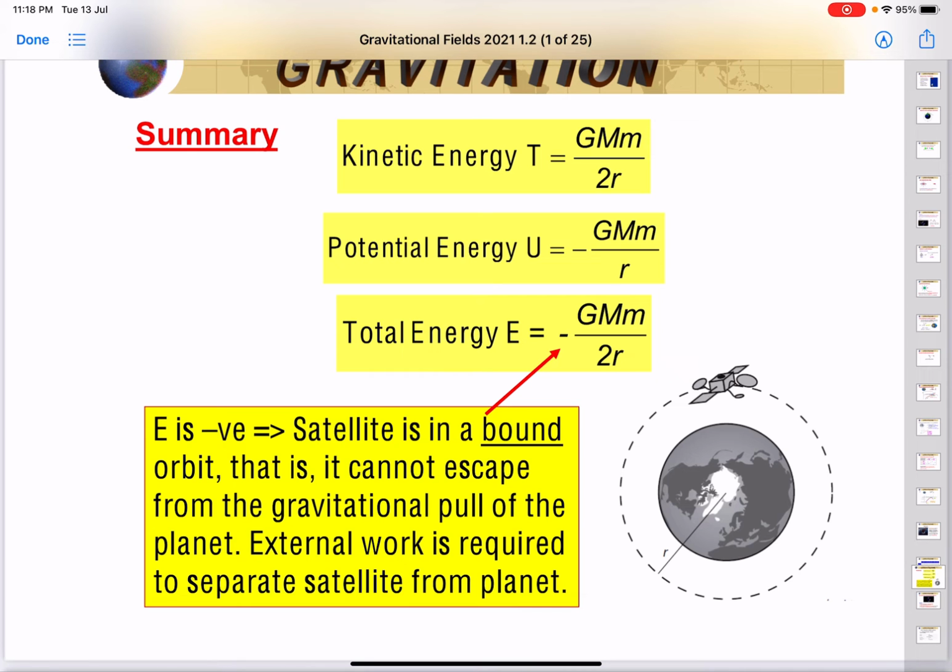That means that there's no way for the satellite to escape to infinity, because we know that at infinity, potential energy is zero, and kinetic energy cannot be smaller than zero. So at infinity, the total energy of a satellite has to be larger than zero. So if you are in a bound orbit, the total energy is less than zero, and hence it cannot escape from the gravitational pull of the planet.